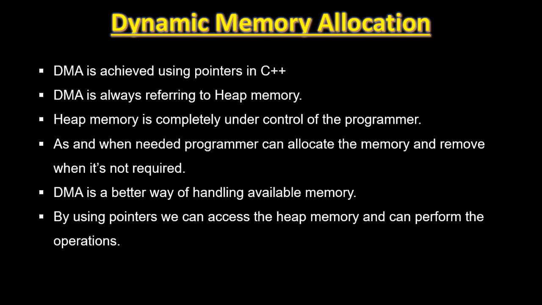Hardly 8 GB or 16 GB is what you will have; now 64 GB is coming, but RAM is costlier. So you should not occupy more memory. You have to use better memory management techniques so that you use less RAM space in your system. We can achieve that by using DMA, dynamic memory allocation techniques.